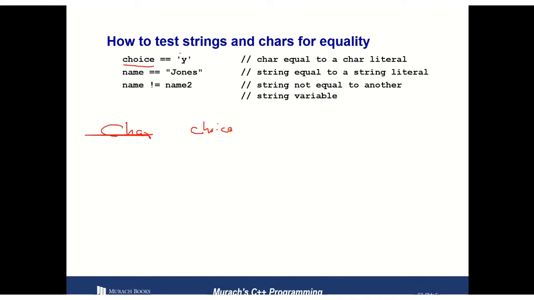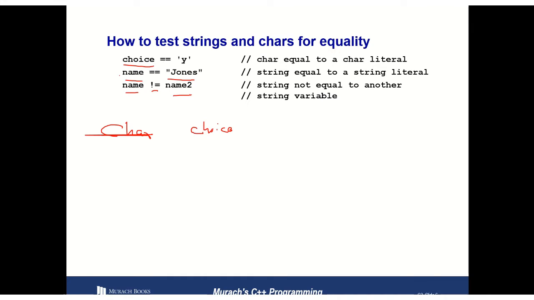But things get different if you have a double quote. Double quote stands for a string. So name is a string, and this is a string literal. So name equals equals some string literal, or you can say name not equals name2. This name2 is a string variable.